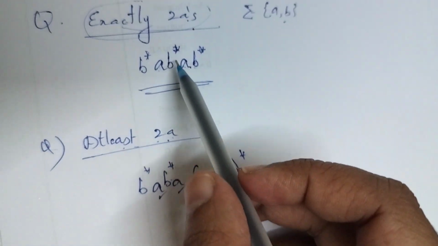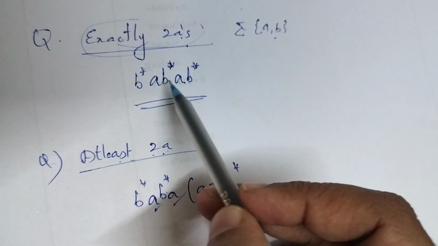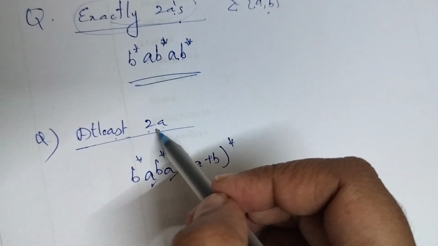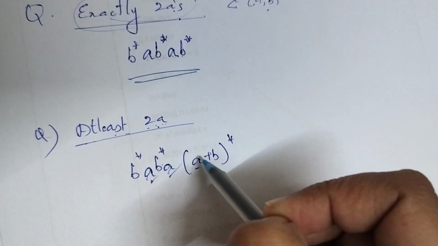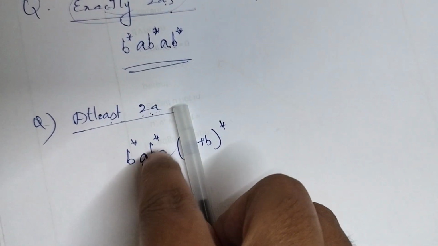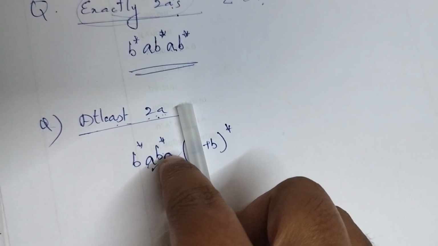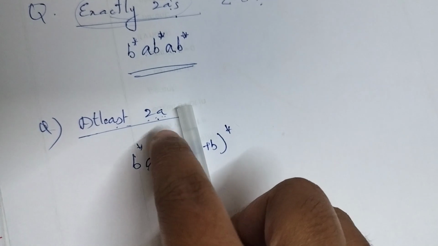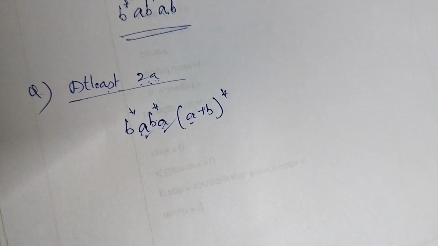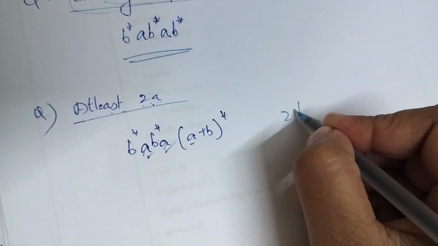In the previous one, exactly 2a, any number of b in between is possible. But here, at least 2a means minimum 2a. If we write b star only, it will be exactly 2a. So at least 2a means minimum 2a and there may be any number of a's, that is 2 plus.